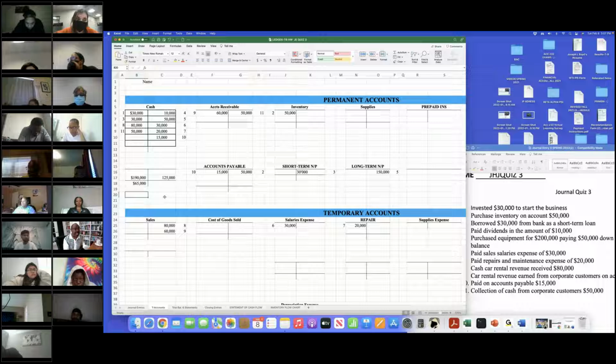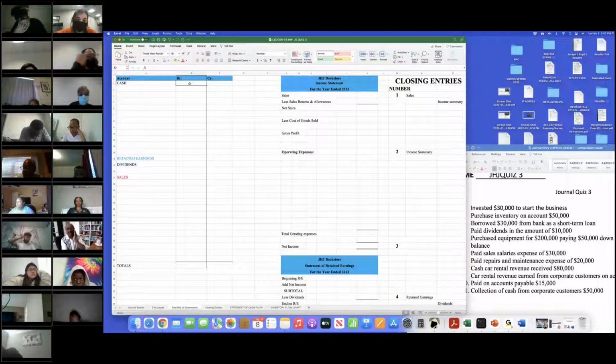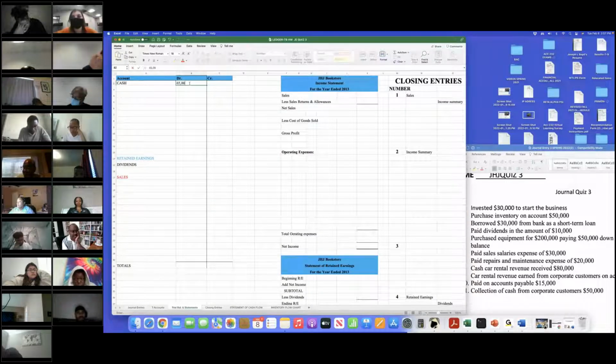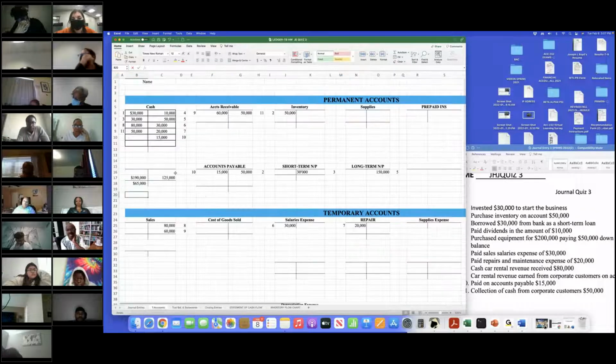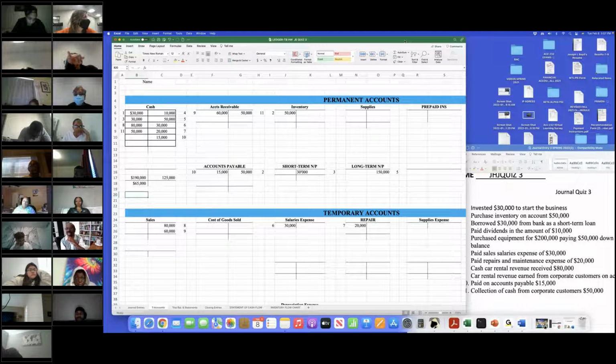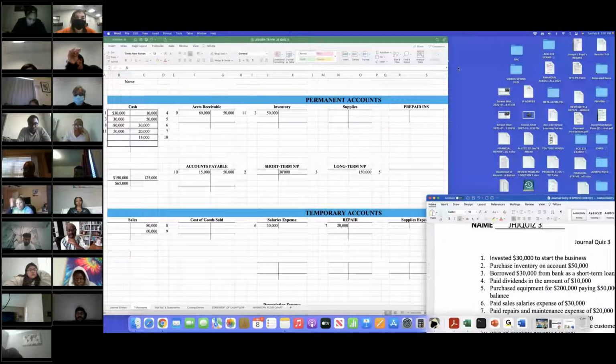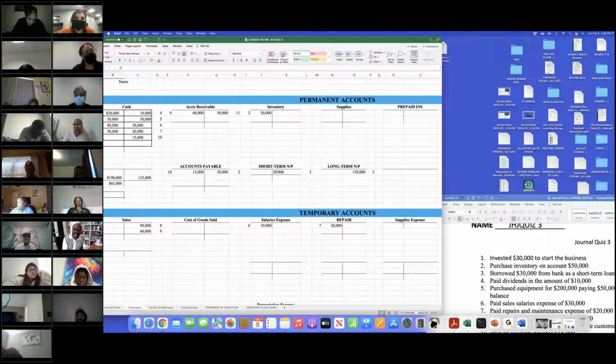So now we want to begin our trial balance, and we would have 65,000 here, not 190 and 125. Does everybody see that? Okay. Now it's your job to go through and do the remainder of the accounts. I did the hard one for you.